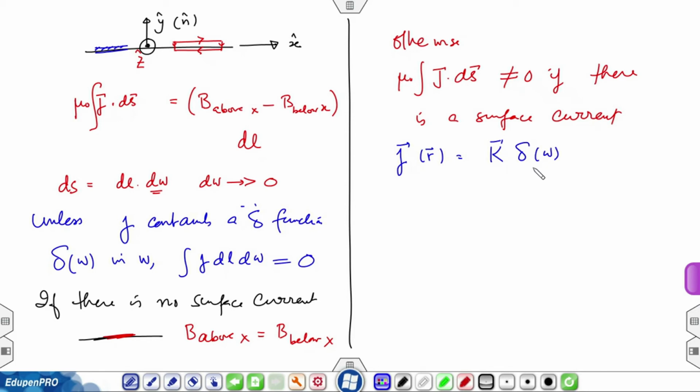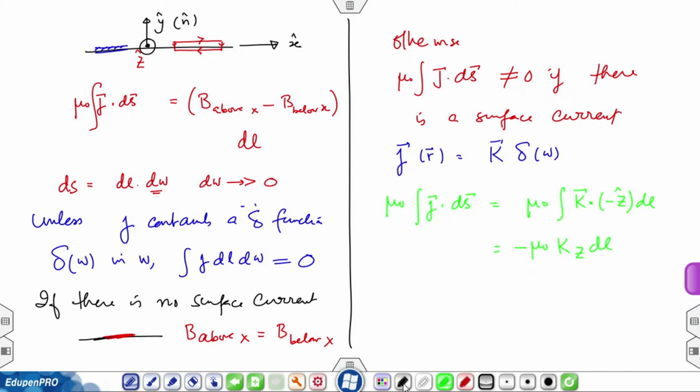So, delta w then on integration over w will go away, and I will have then mu 0 j dot ds is equal to mu 0 integration k dot ds. You can see from the way I made it is in the minus z direction dl, which I can write as minus mu 0 k z dl.